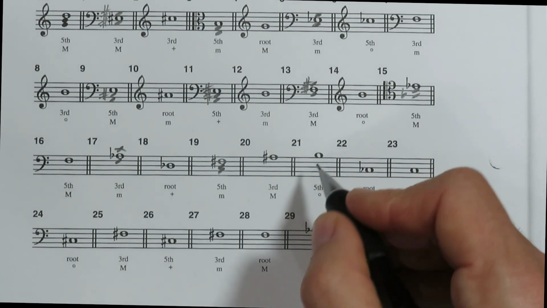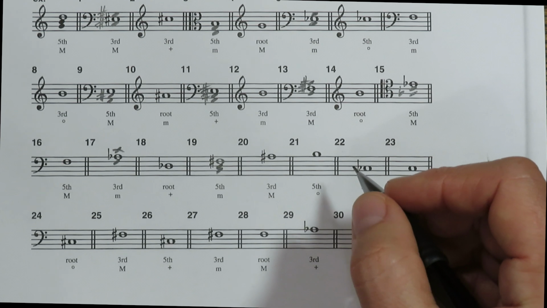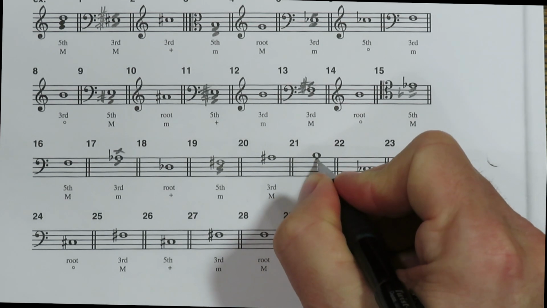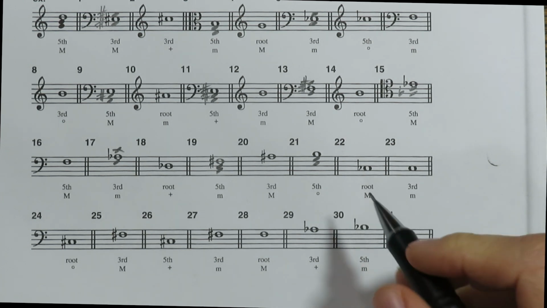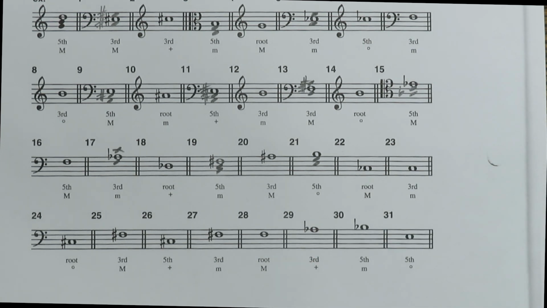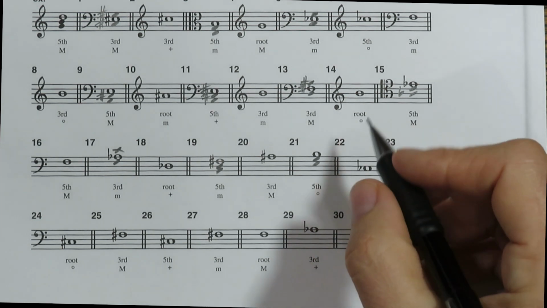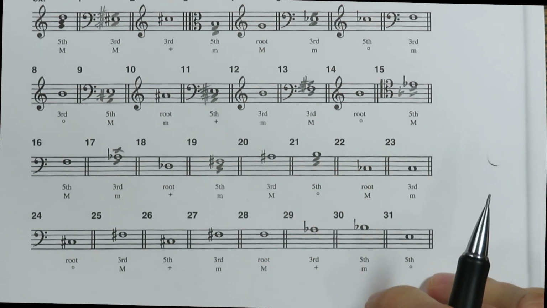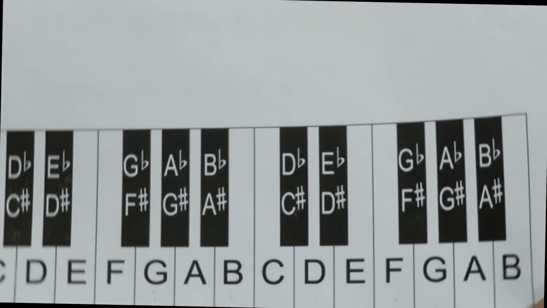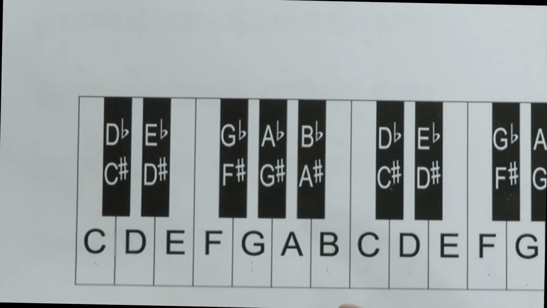Now, number 21 is the fifth. So we'll stack it up below it like that. Then we want a diminished triad. So, E, G, B. Okay. E to G is a minor third.